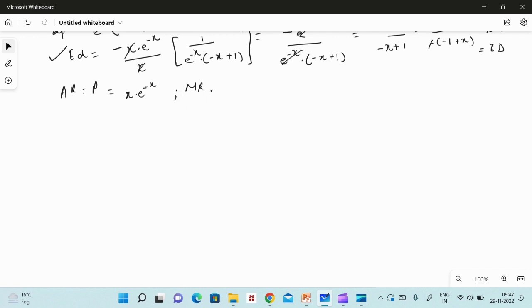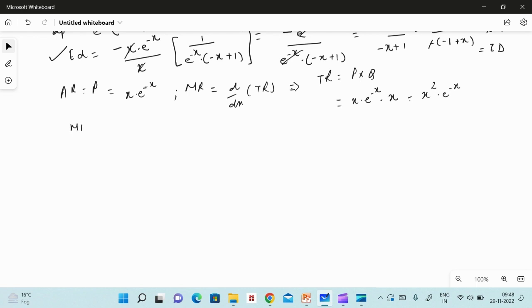And next we have to calculate the value of marginal revenue MR, which is equal to the derivative of total revenue. But in the question, total revenue is not given. So first of all, we have to calculate the total revenue, which is equal to price into quantity, P into Q. So the value of P is x into e power minus x, and the value of Q is x, and it gives me x square into e power minus x.